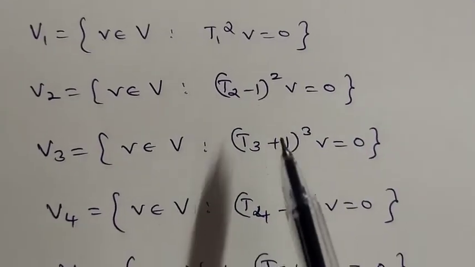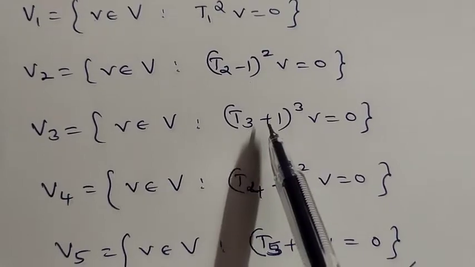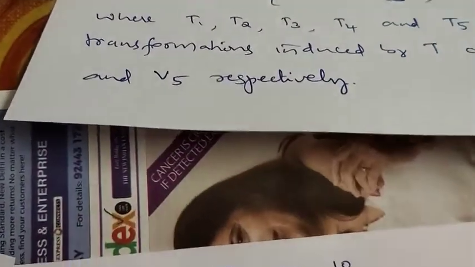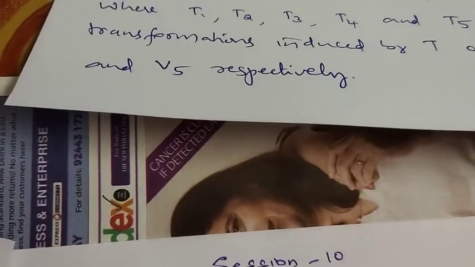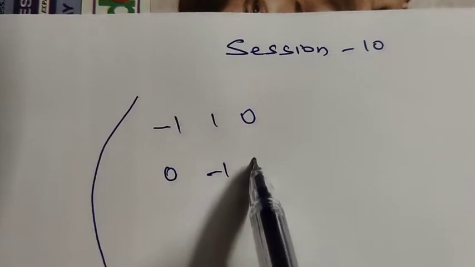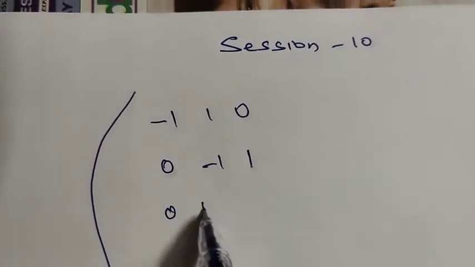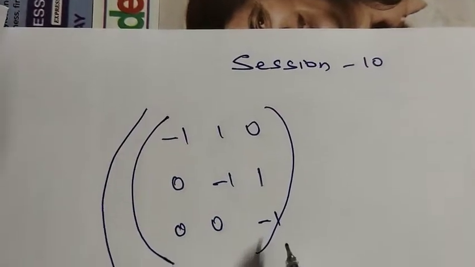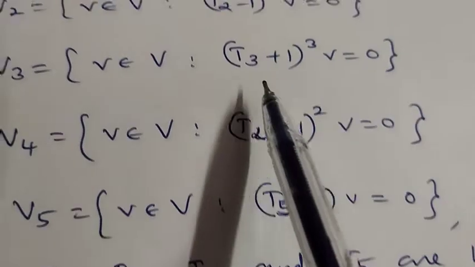First is this one, the bigger matrix, right? (T3 plus 1) whole cube means minus 1 1 0 0 minus 1 1 0 0 minus 1. So this has eigenvalues minus 1.